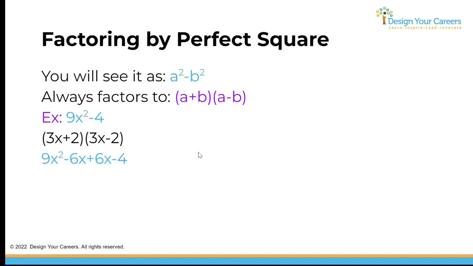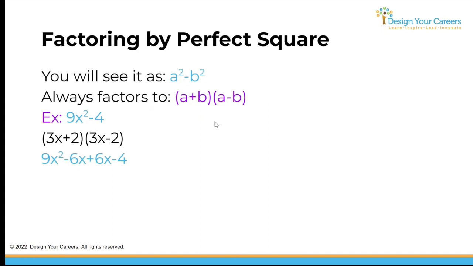Let's look at the same example from the last slide, 9x squared minus 4. We've already ensured that it follows the rules. Both are perfect squares: the square root of the first is 3x, and of the second is 2. It's a subtraction, and it's two terms.